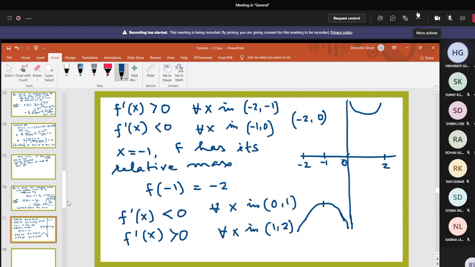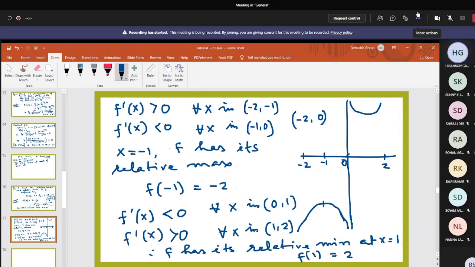So therefore we can say that the function has its relative minimum at x equals 1, and the value is f of 1 equals 2.